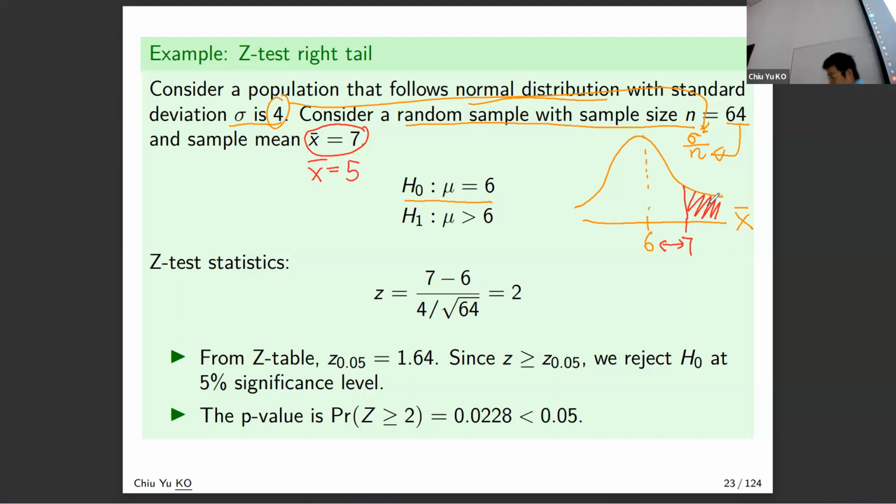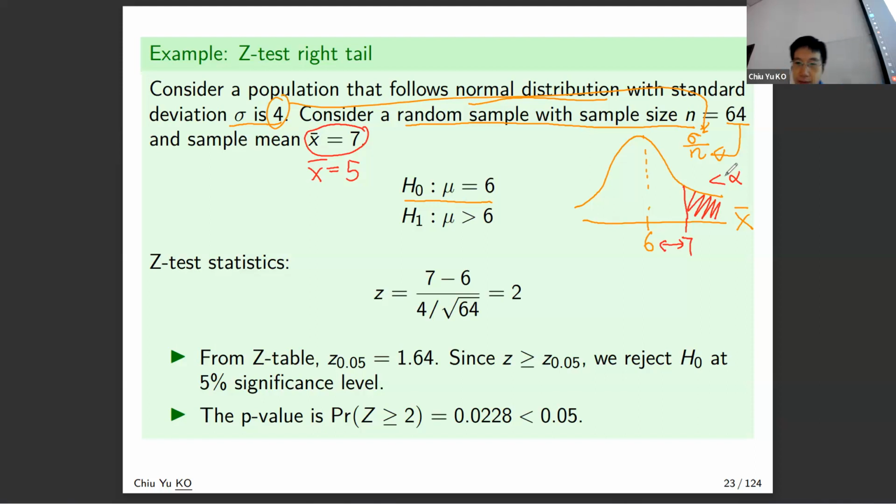So the idea is whether this red area is smaller than alpha, or smaller than or equal to. It's strictly less than alpha. If less than, then reject. So that is the idea. How can we know this is less than alpha or not?